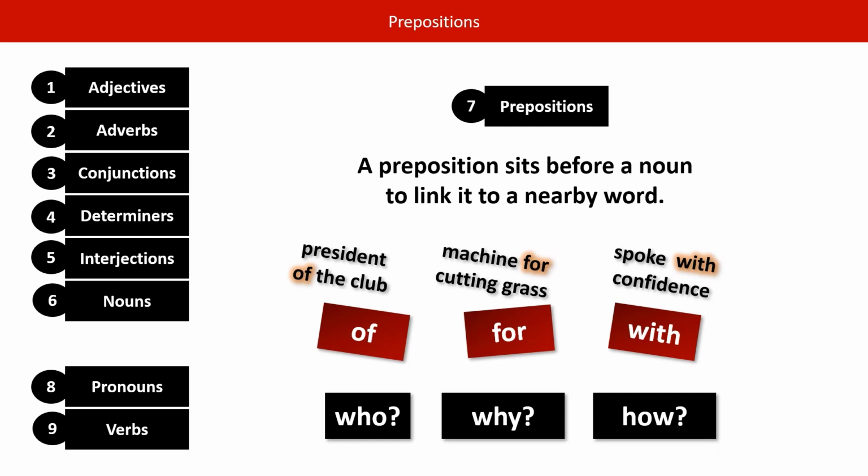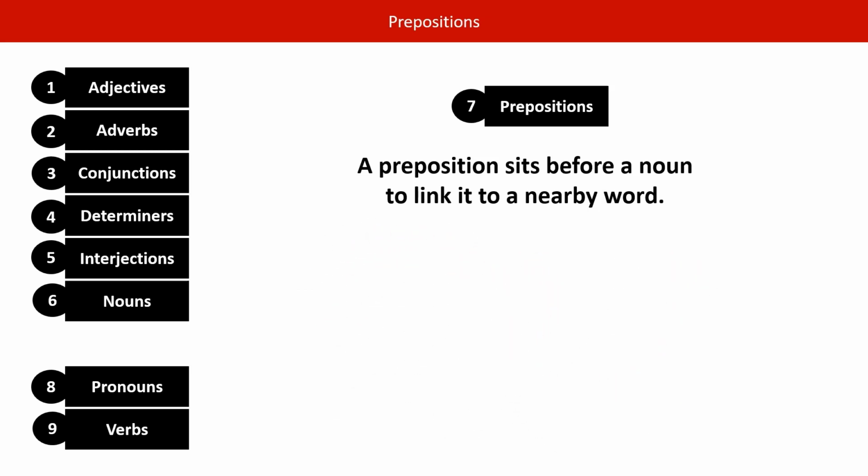This one might tell us how. So with prepositions, the context of the sentence tells us how they are being used. The important bit is that a preposition sits before a noun to link it to a nearby word. And as we've seen, that noun can be a noun phrase. It can even be a noun clause. And there's more on that on the website.